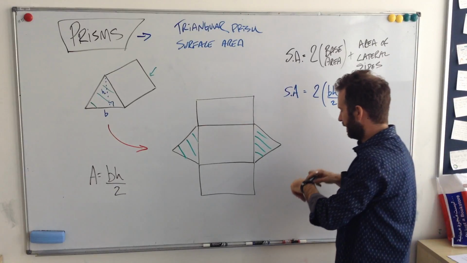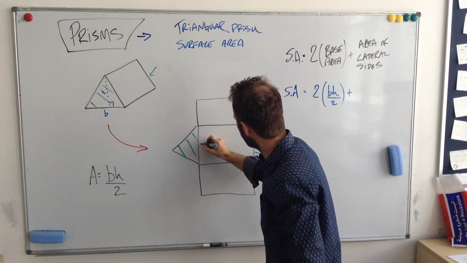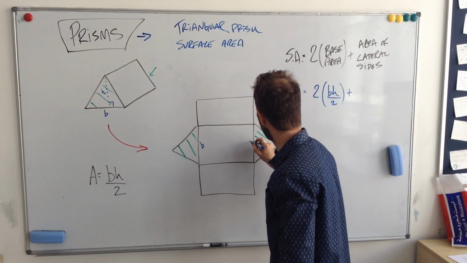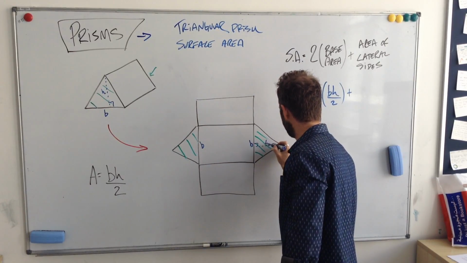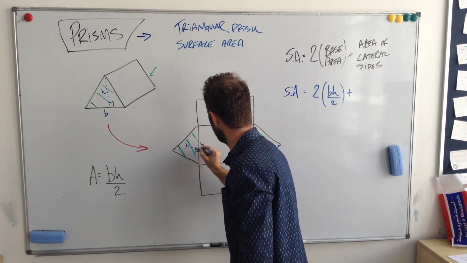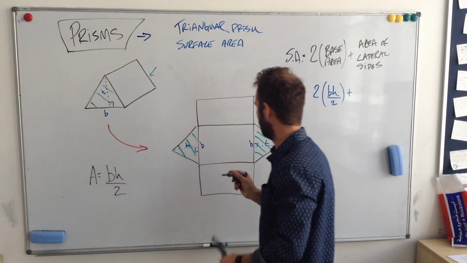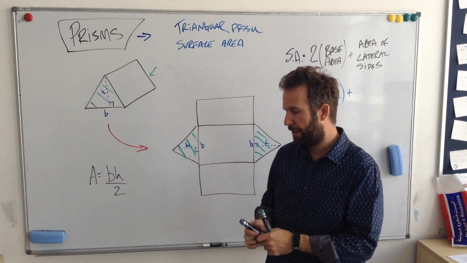Now, of course, we know little b and little h. This is little b, and then our little h is going to be here, and the same little h is going to be here. So little b and little h, that's what we've got so far.